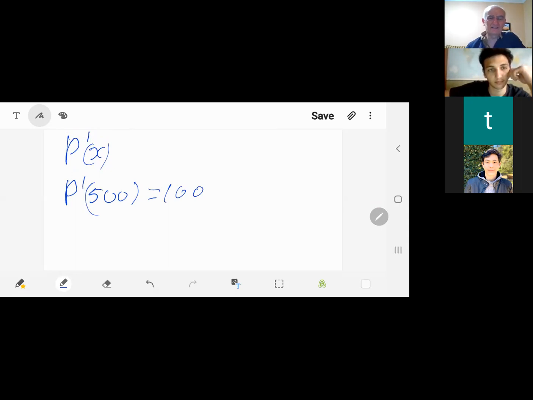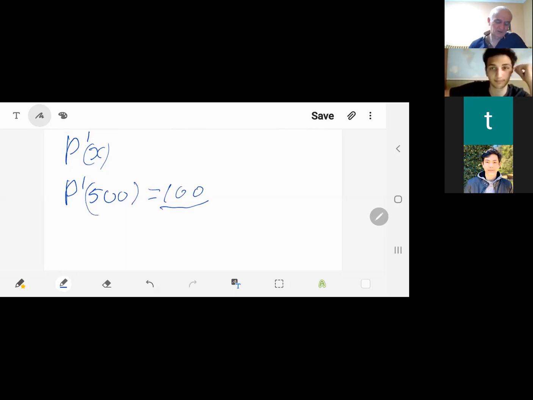It means that at the level of 500, if we increase production by 1 unit, profit will increase by 100 units. Do you remember, Sandro? Yes, yes.